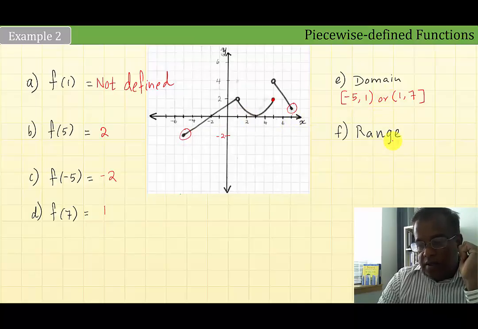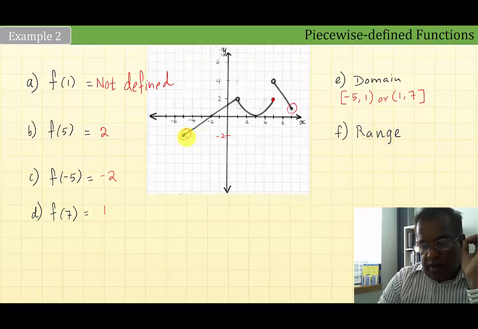And the range is all the possible y values of this function. You can see the minimum y value you can take is negative 2. So y is greater than or equal to negative 2. You can see it goes up to 2.